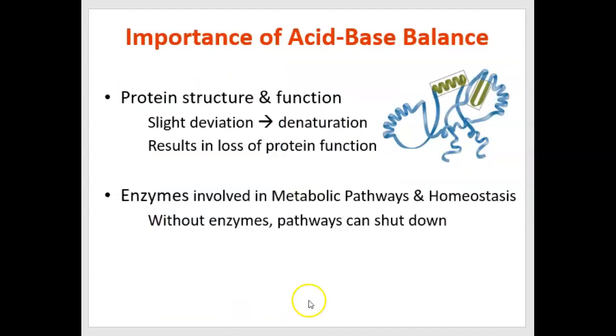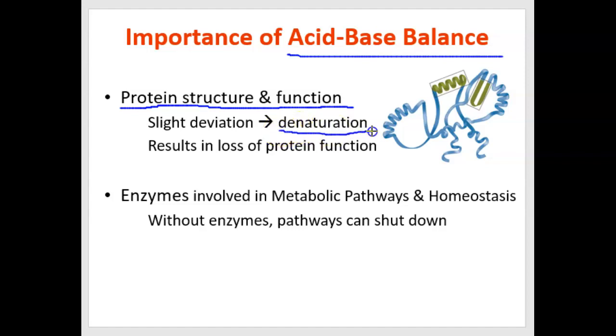So it is important for the pH to be maintained, or the acid-base balance to be maintained, because the structure of proteins is largely dependent on hydrogen ion concentration. And protein structure dictates how well it's going to function. So any slight deviation in pH could cause the structure of the protein to kind of fall apart. We call that denaturation. So remember, proteins have a quaternary structure, a tertiary structure, a secondary structure.